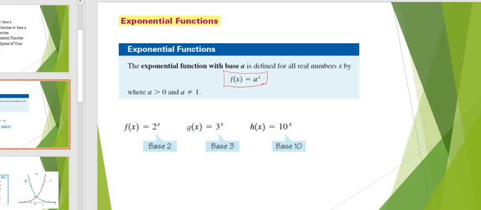So we have f of x is equal to 2 to the power x. Our base here is 2. And we have g of x is equal to 3 to the power of x. Our base is 3. And we have h of x is equal to 10 to the power of x. Our base is 10. So that is how we define our exponential function with base a.